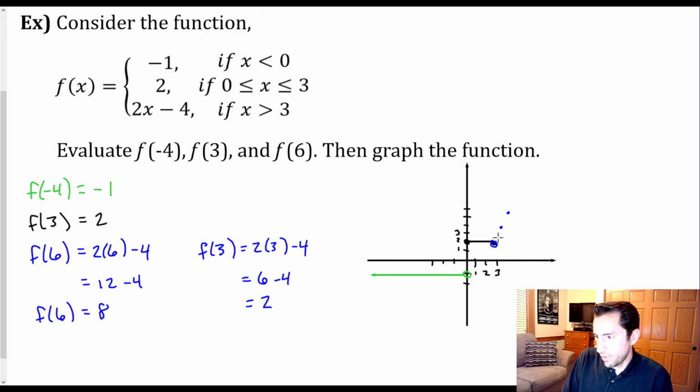So starting here, and that's going to keep going all the way to positive infinity. So hopefully that makes sense. In this case, we have 3 different pieces of our piecewise-defined function. Each one represents a different interval, but altogether they make up all real numbers.